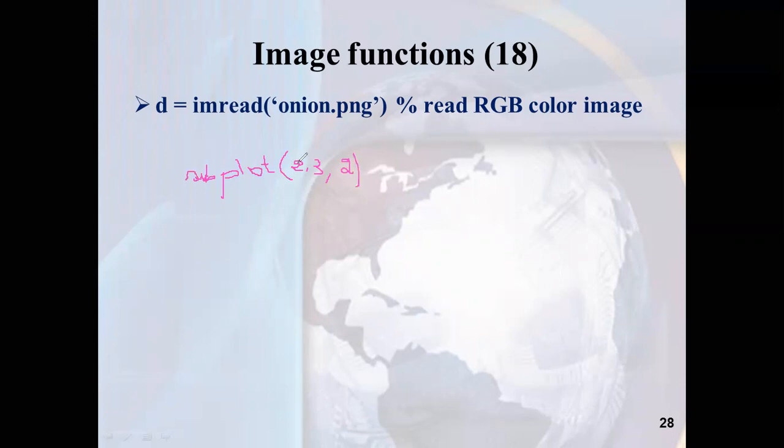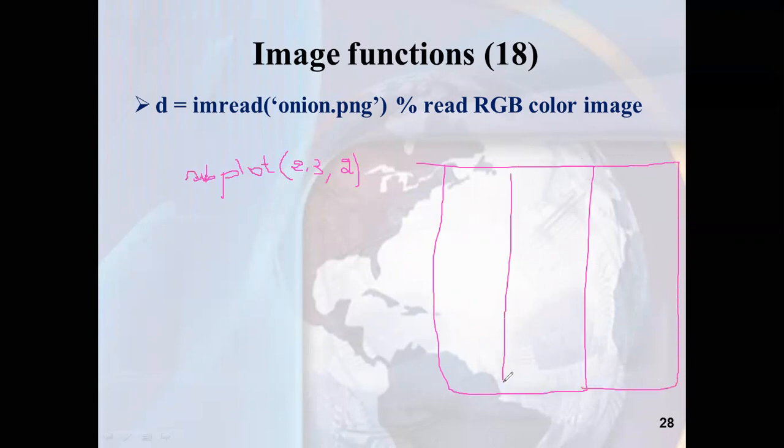It means we have 2 rows, 3 columns. So this is an image with 2 rows and 3 columns, row 1 and row 2, and columns 1, 2, 3. So we can write 6 images on the same plot.